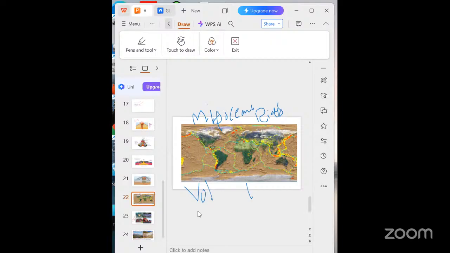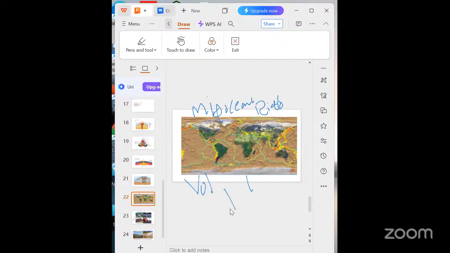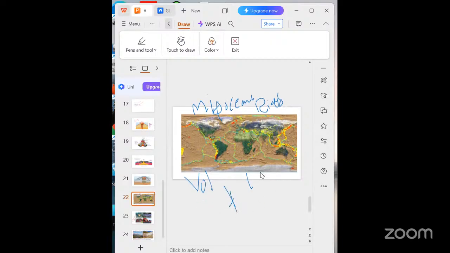So now what are the hot spots? Hot spots are places where chambers of magma have accumulated at depth beneath the surface. And the volcanic islands of Hawaii, those are the notable examples of this hotspot, right?